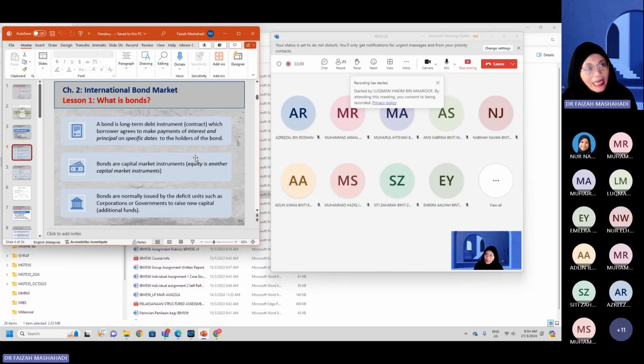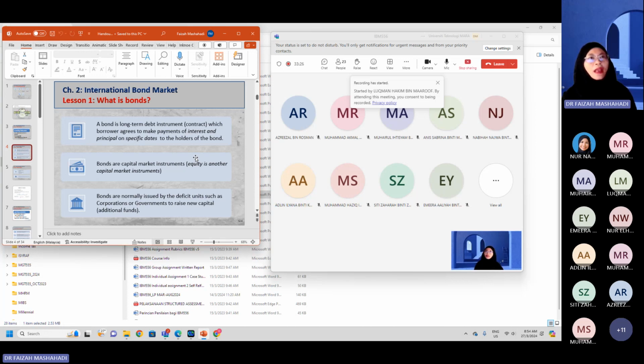If we define it as a debt, it means the deficit unit must pay back whatever principal was borrowed from the investor, or from the surplus unit, upon maturity of the bonds. The borrower agrees to make payments of interest and principal on specific dates to the holder of the bond.